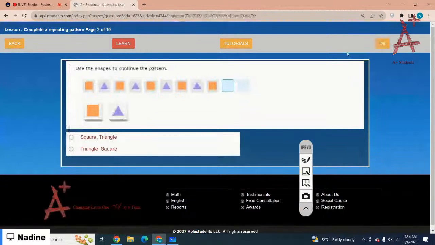That would be, after the square, a triangle and then again a square. So the correct option is the second one, triangle and a square.